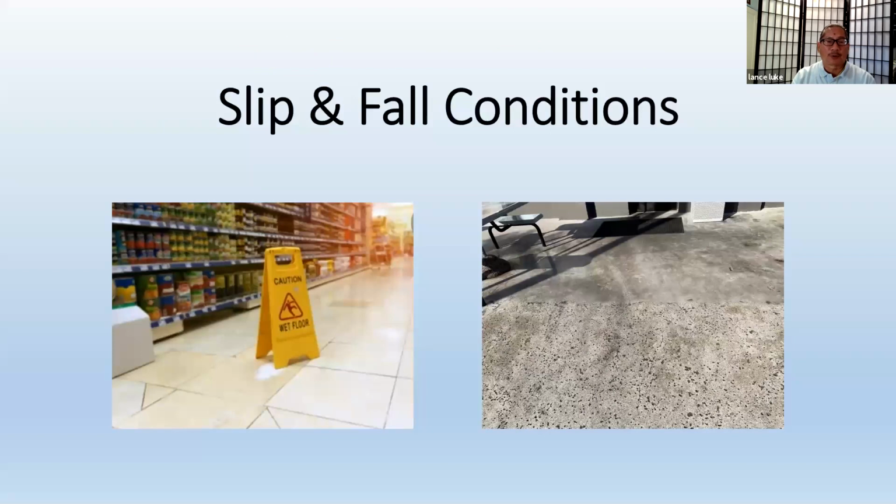If you look at the photo on the left, you can see at a grocery store, there's a whole bunch of liquid that spilled. There's one sign there, and there should be more than one. It should actually be two signs. In the photo on the right, you can see concrete.